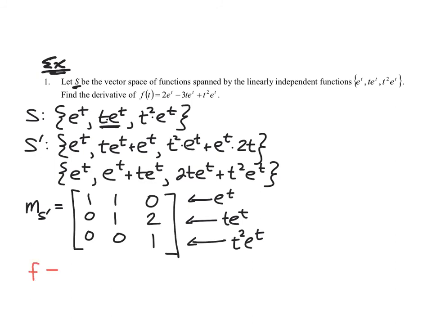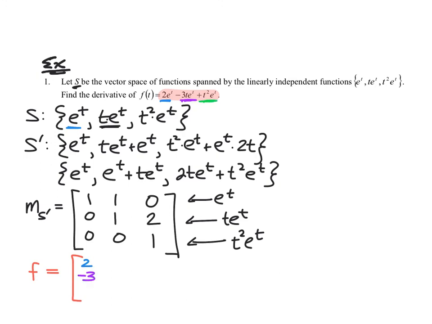So f, along the same lines, the f vector is going to come from this stuff here. So I'm just looking at the coefficients of what I have. For the e to the t term, I have a coefficient of 2. For the t e to the t term, I have a coefficient of -3.